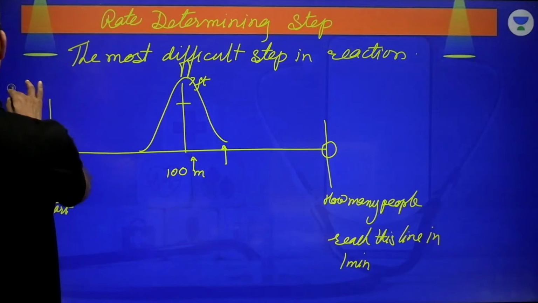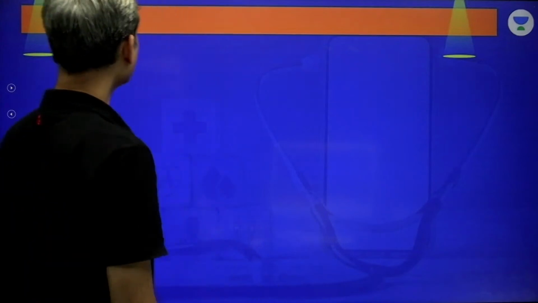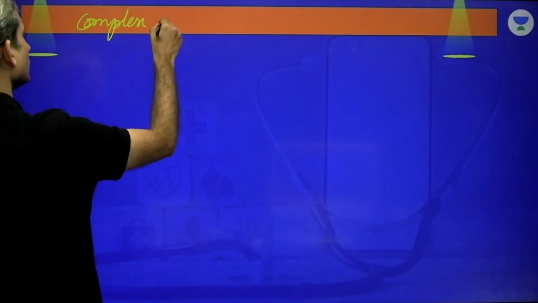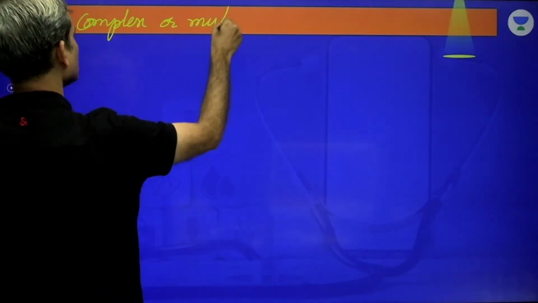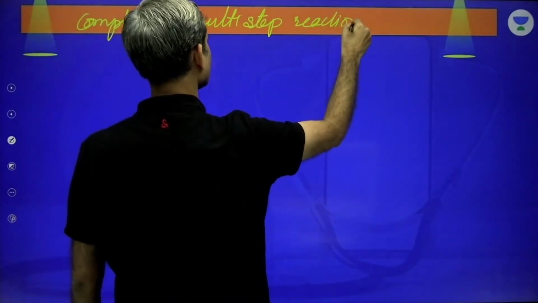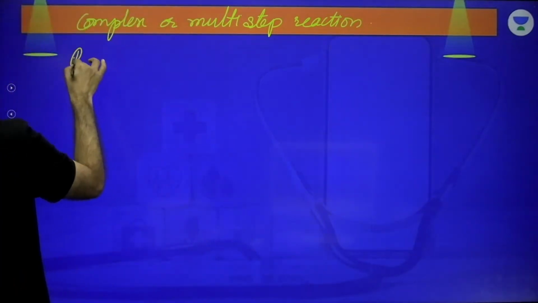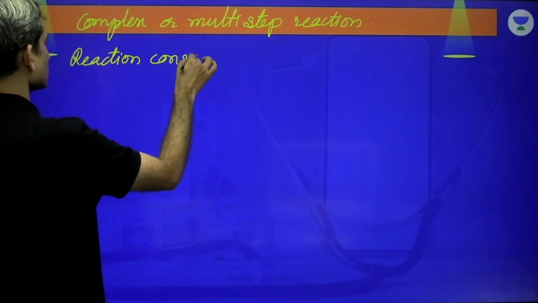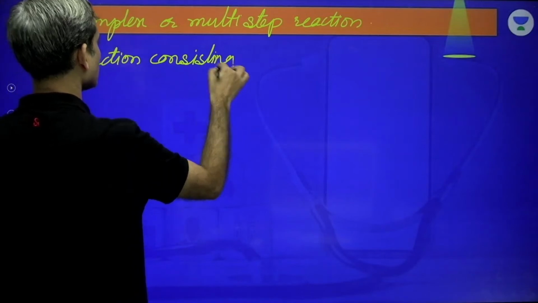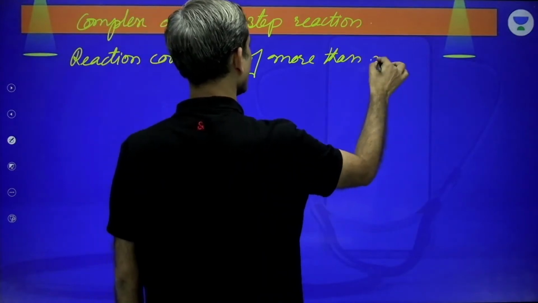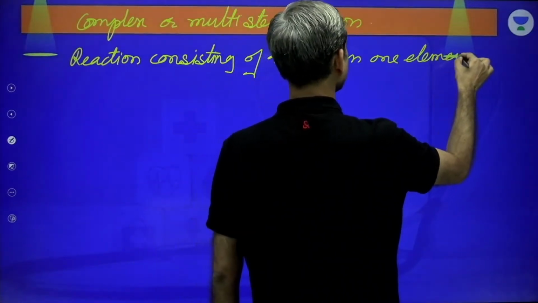Okay. So what we know? Rate determining step we have already understood. Now let's talk about a complex reaction, or multi-step reaction.